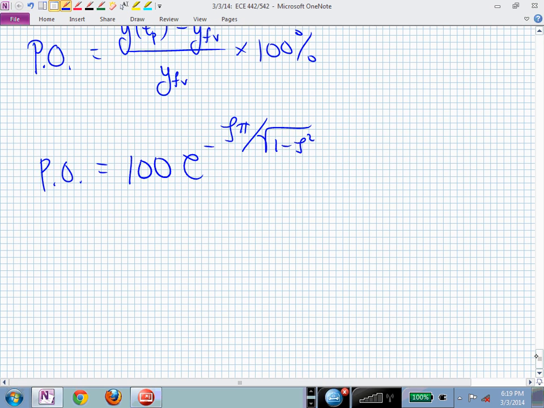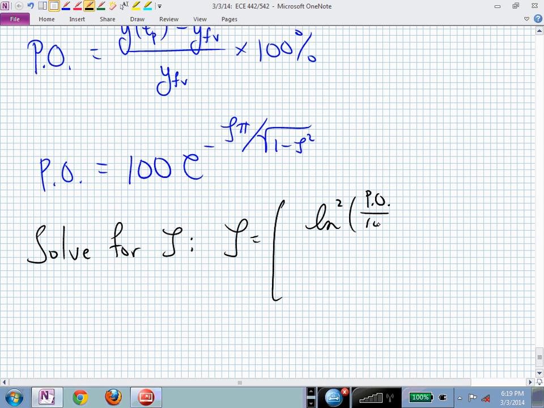Now, if you have this and you enjoy algebra, maybe somebody says, I want my system to have a 10% overshoot. Well, you could sketch this for different values of zeta and figure out what percent overshoot is, and you now have this graphical depiction of this relationship between percent overshoot and zeta. Or you could simply solve this expression for zeta. And if you do that, and you should all have this memorized if you took the classical class, you now have the natural log of P over 100 squared.